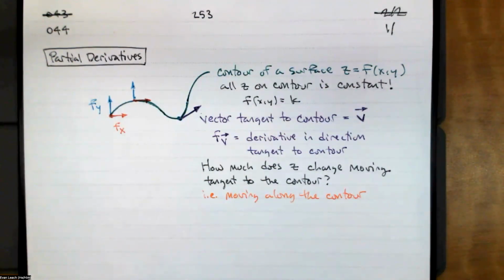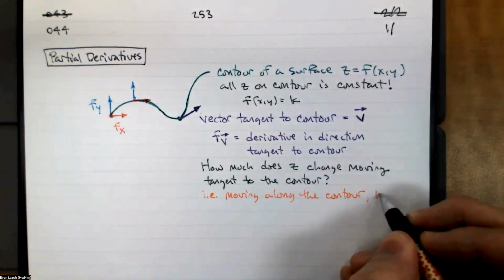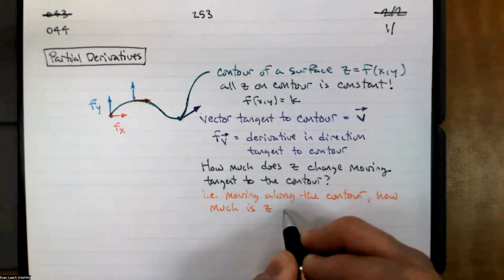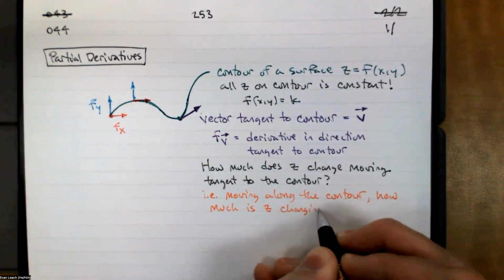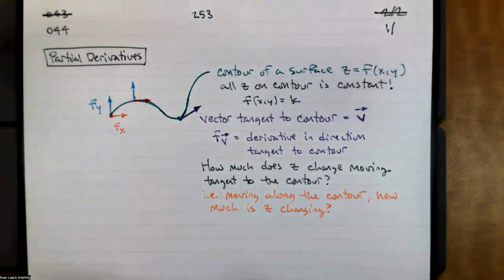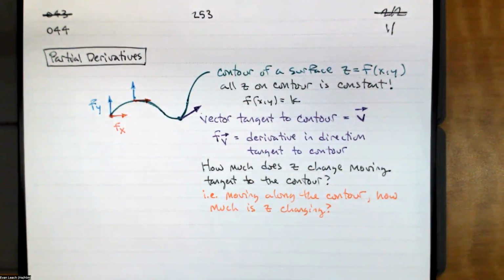How much is z changing? Imagine a topographical map. The topographical map has lines at different elevations. So in terms of a topographical map, we are walking along one of the contours. How much is our elevation changing if we're walking along the contour?